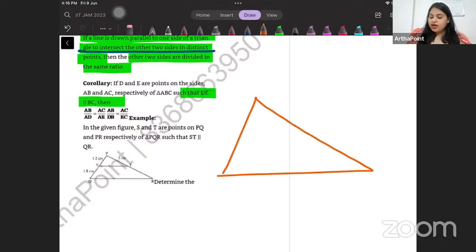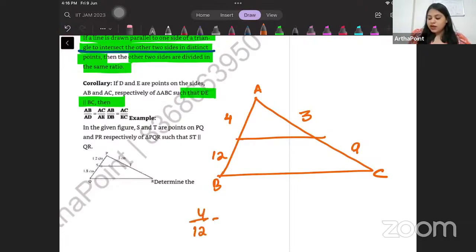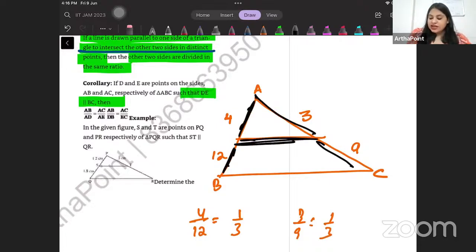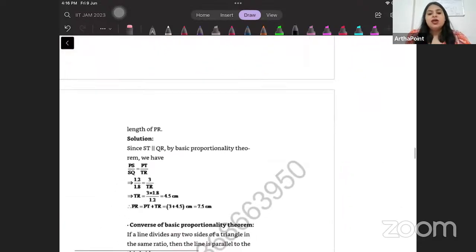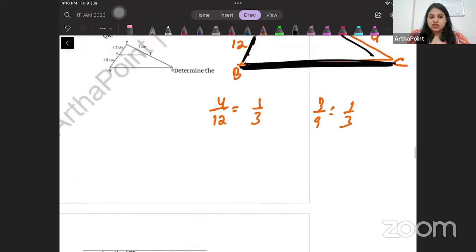If I give you a triangle ABC and tell you this ratio is the same, this is 4, this is 12, this is 3, this is 9, so this is 4 by 12, 1:3, and this is 3 by 9, 1:3. So if it divides in the same ratio, then this line must be parallel to this line. This is what it suggests.